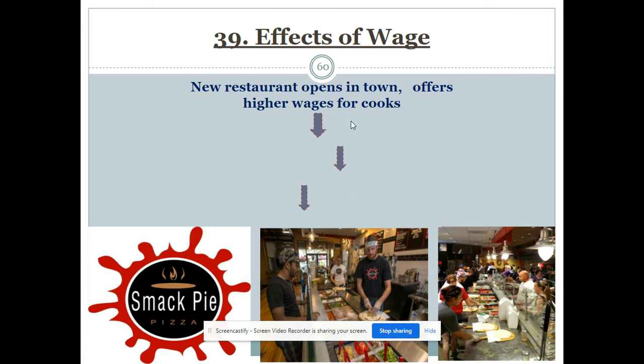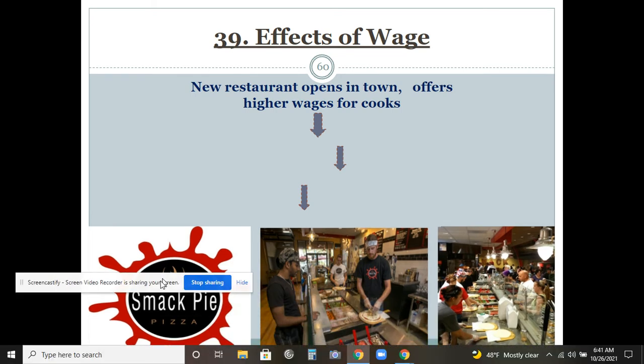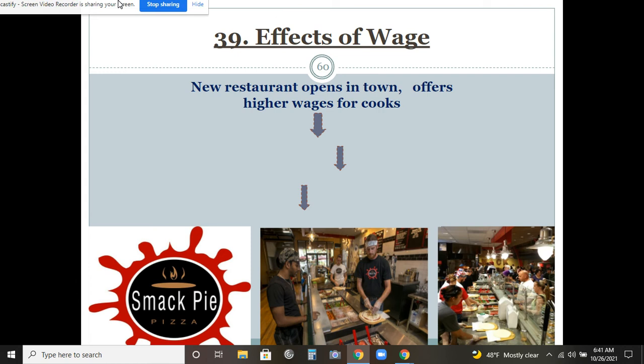Effective wage. All right. So let's say a new restaurant opens in your town, and they decide we're going to pay our cooks more money. Well, if they pay their cooks more money, then there's pressure on other places to pay their cooks more money.